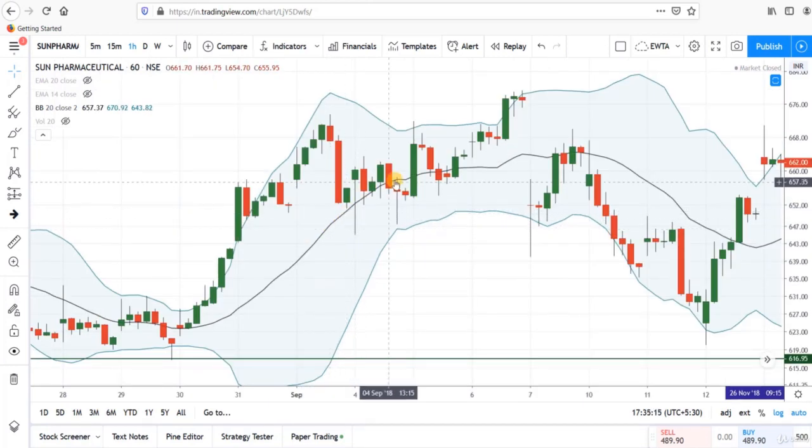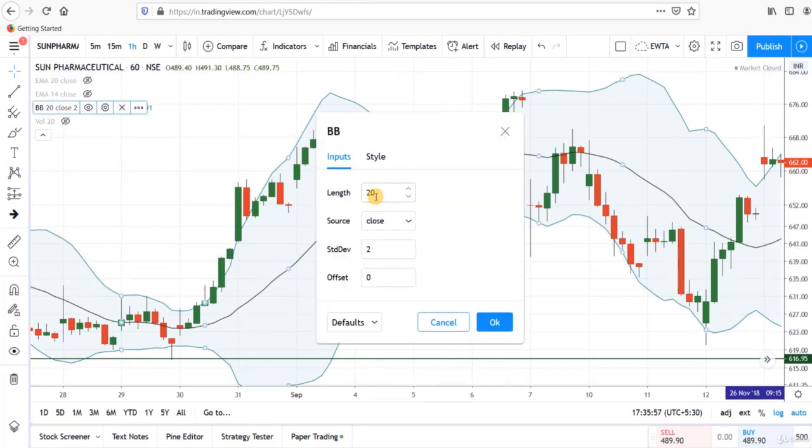In the center, there is a simple moving average, that is a 20-period moving average, and on both sides, there are bands of standard deviation lines. They provide us relative boundaries of highs and lows. The default setting for the simple moving average, that is the middle band of Bollinger Band, is 20 period.